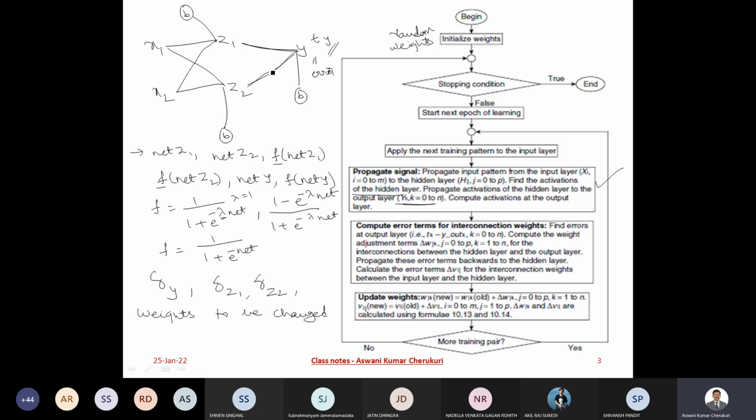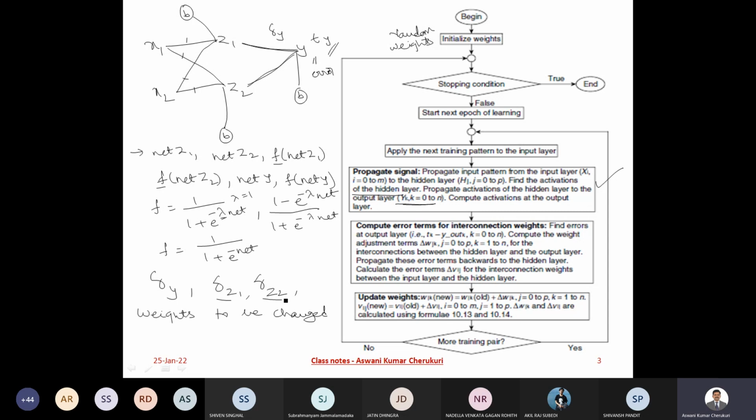When I am modifying the connection weights between hidden and output, I will be considering del y. When I am modifying the connection weights between input and hidden, I am going to consider del z1 and del z2. Is that clear? Yes, sir. Anyone else here? Any doubts?